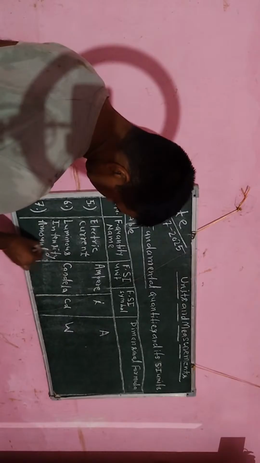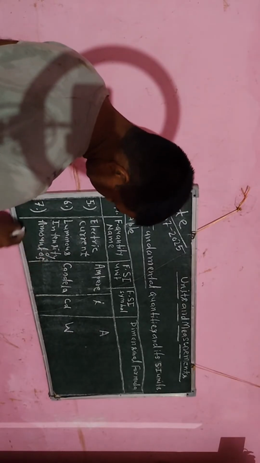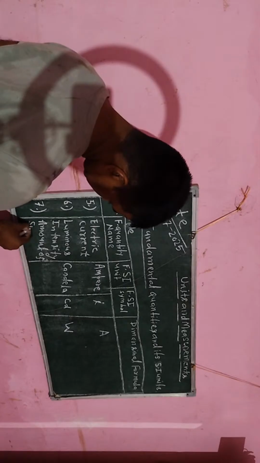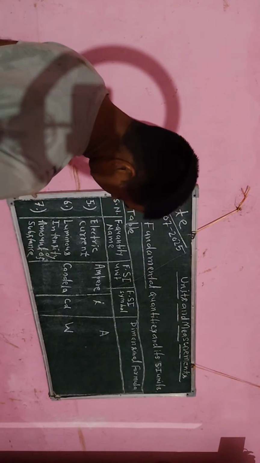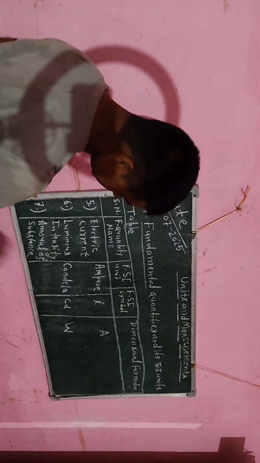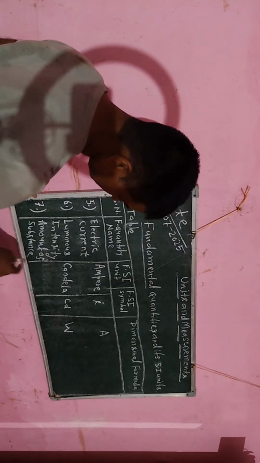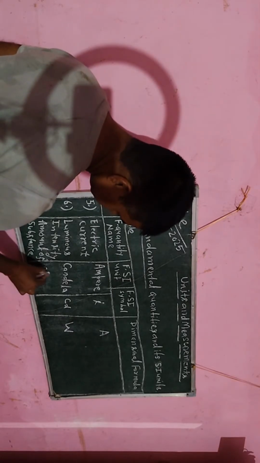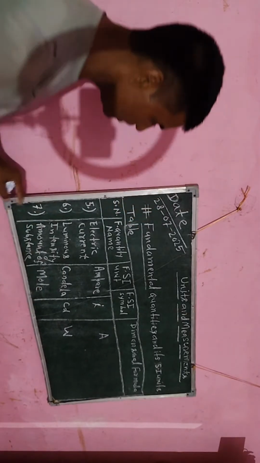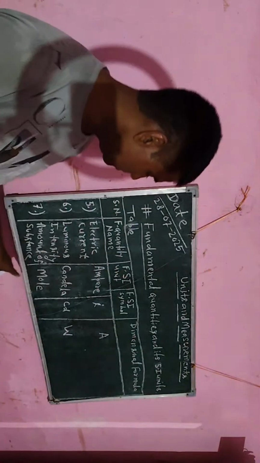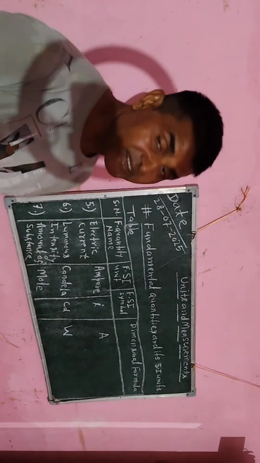Amount of substance. So the amount of substance is calculated in mole. The fundamental SI unit will be mole, because this is part of chemistry.